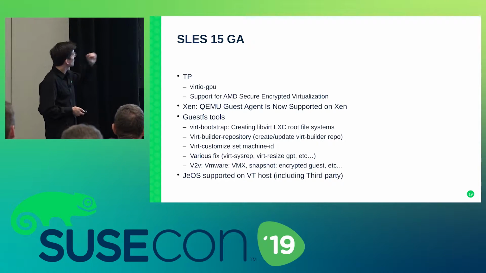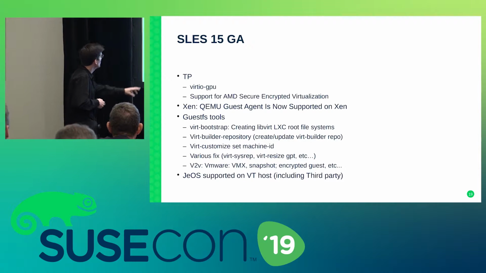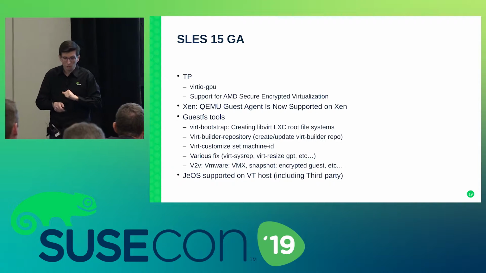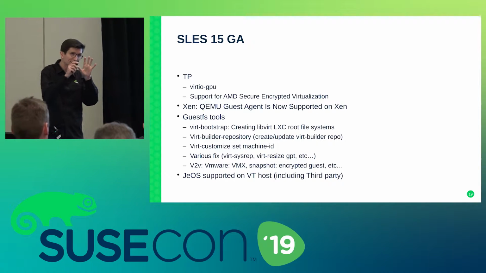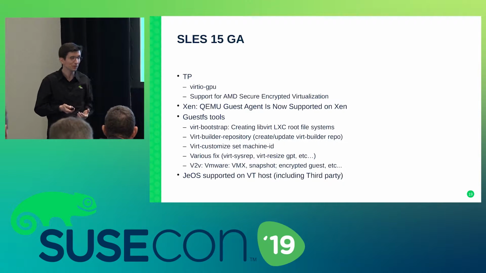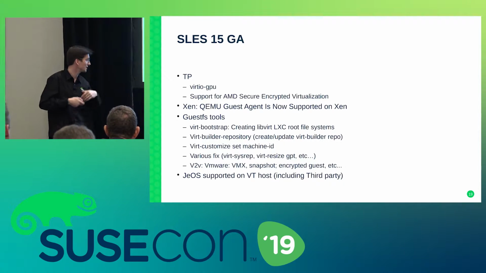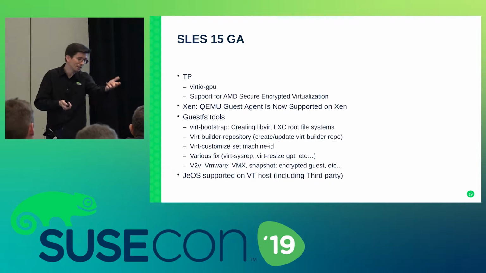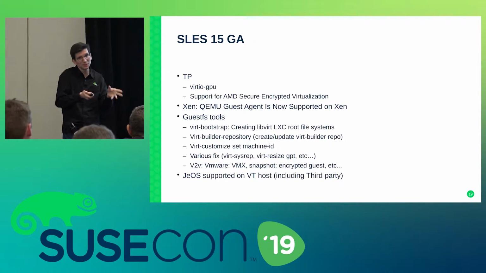And we have created a new tool, which is a virt-builder repository. So with virt-builder, you can access a kind of index which lists a lot of VMs available. So it could be any kind of VMs, SLES, Fedora, Leap, etc. And then you grab it, you copy it, and then you do the modification, and then you run this VM.